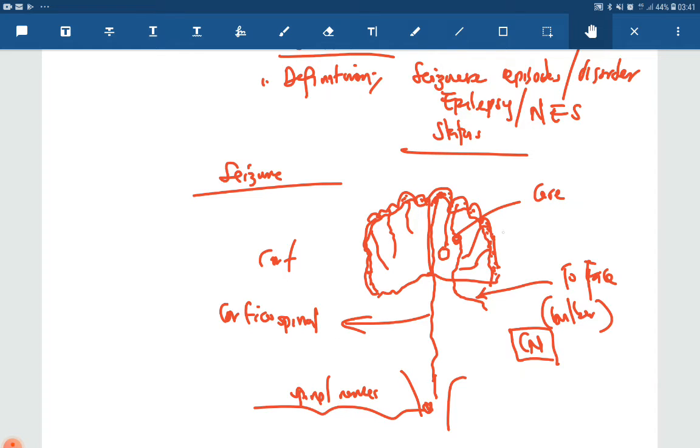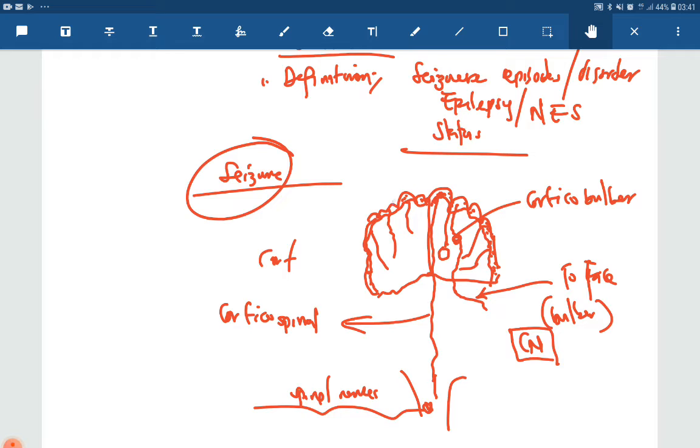The one that goes to the cranial nerves, we call the cortical bulbar. Cortical bulbar.